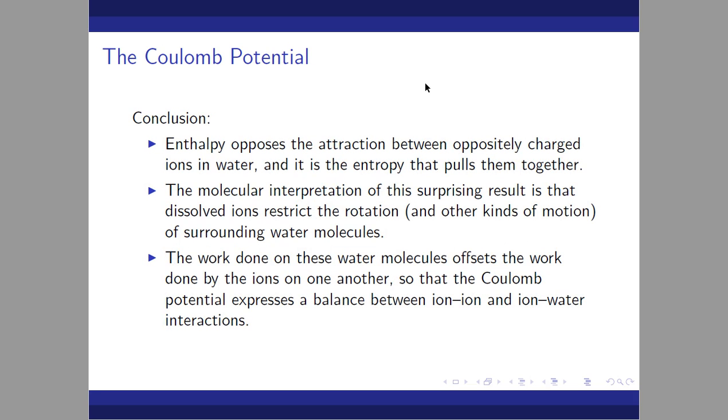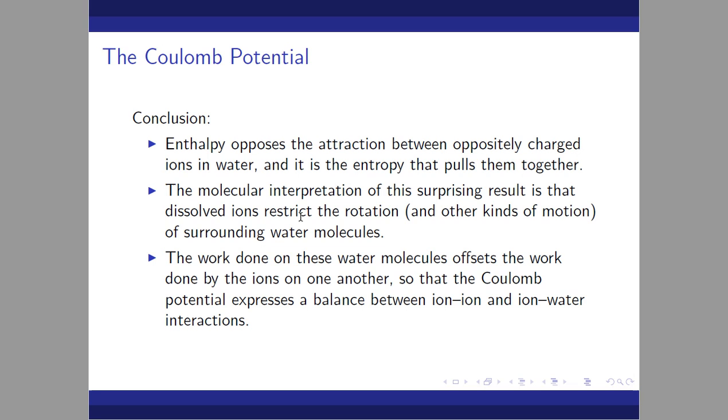So the conclusion for this potential is that enthalpy opposes the attraction between oppositely charged ions in water, and the entropy pulls them together. The entropy, the movement of the charge, will pull the charge together. The molecular interpretation of this surprising result is that the soft ion restricts the rotation of the surrounding water molecules.